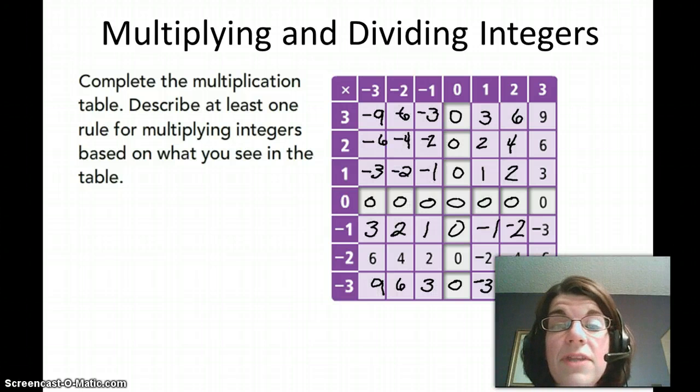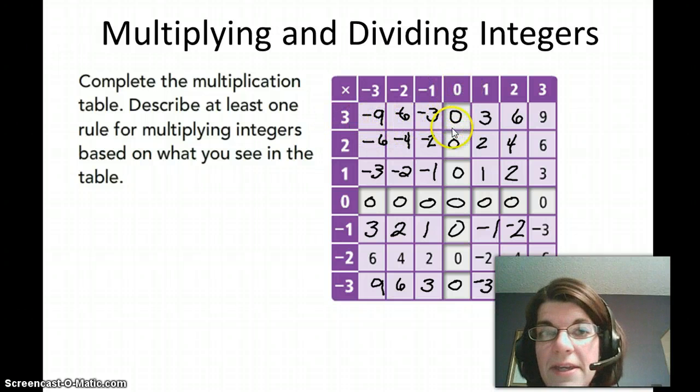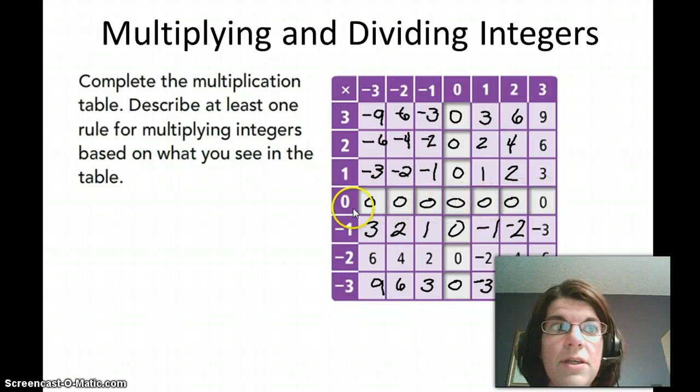All right, so I have the table filled in. 0 times anything is 0, so going down the center of the chart and going across, you see the 0 all the way.